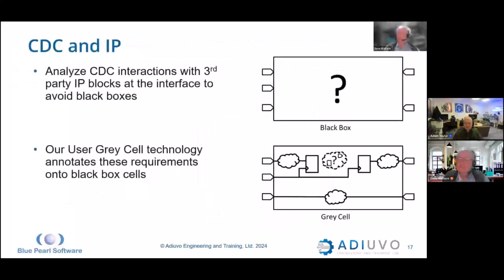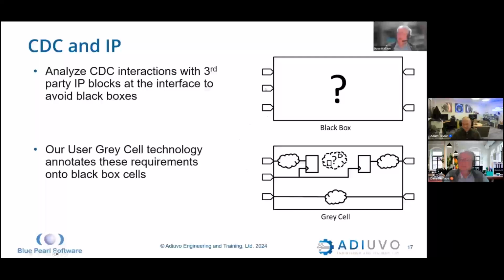So what about intellectual property? Typically these days, people don't design everything on the chip all by themselves. They're using blocks of IP that come from other places, third parties and so forth. So you want to be able to do your CDC analysis of the part of the design you're working on and know what are the requirements of the IP that you're using.